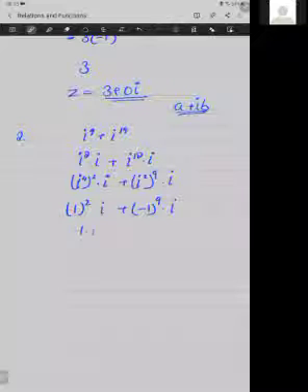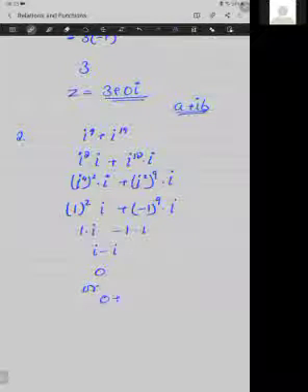It will be 1 into i minus 1 into i, that is i minus i. It will be 0, or 0 plus 0i.